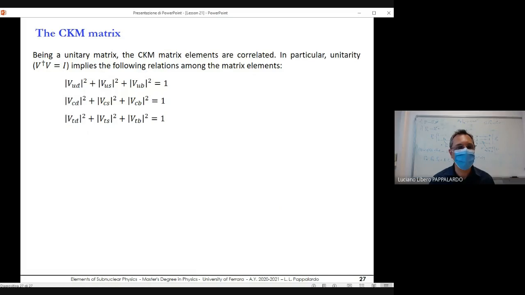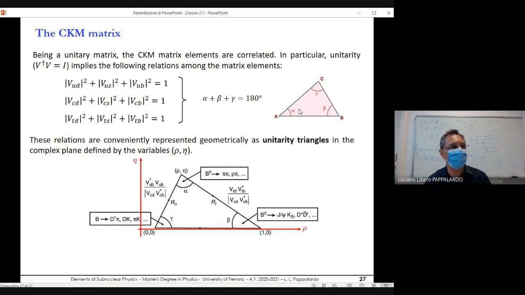So the fact that the sum of these 3 quantities must be equal to 1 is equivalent to saying that the sum of the internal angles of a triangle must be 180 degrees. So we can make this kind of parallelism. And so we can represent our CKM matrix in the complex plane in a triangle, which is called the unitarity triangle. So these unitarity relations are actually translated into different unitarity triangles.